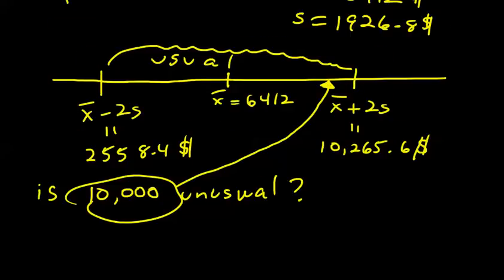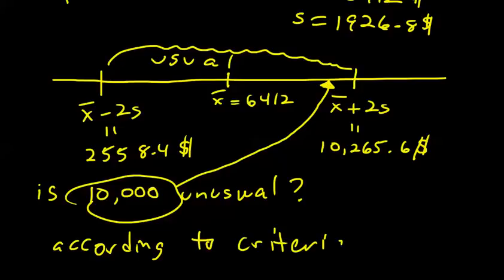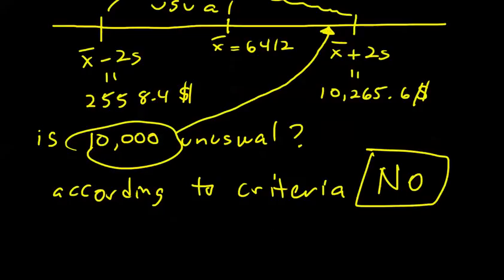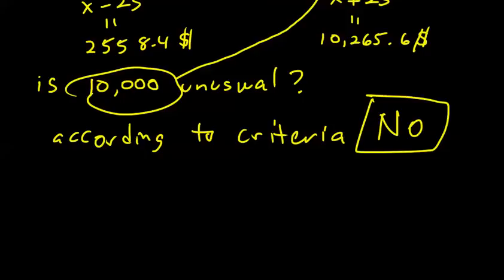So we claim according to this criteria, we say no. So your answer to that question would be no. $10,000 is not unusual. All right, you'll see several problems like this on the homework. Pretty much straightforward application of the examples you've seen here in parts 1 and part 2 and also part 3.